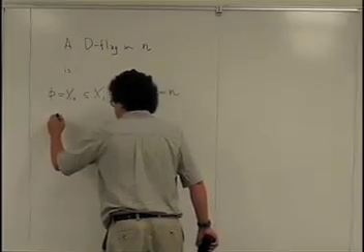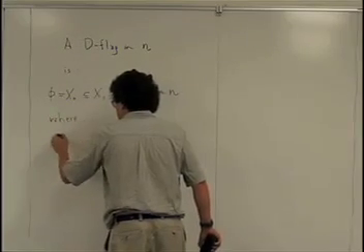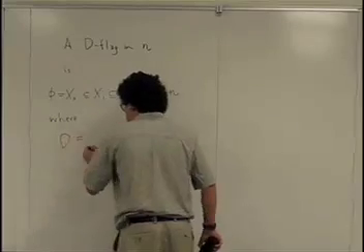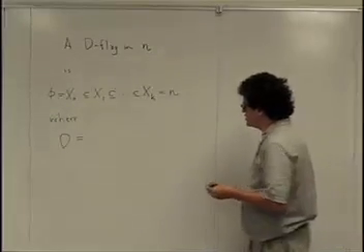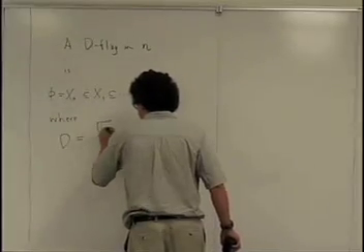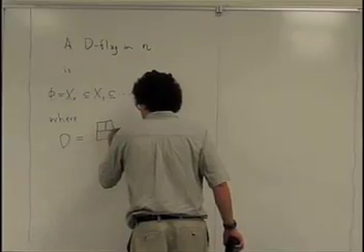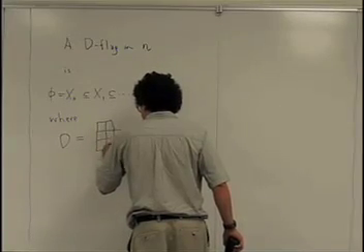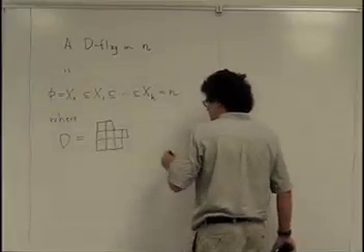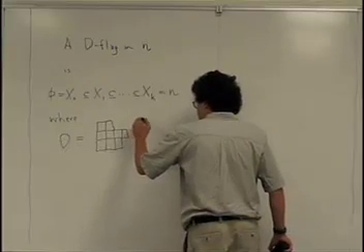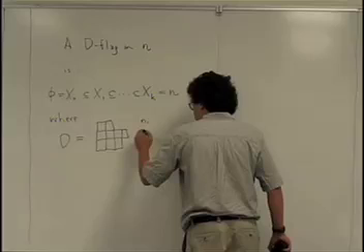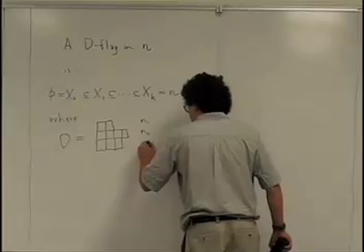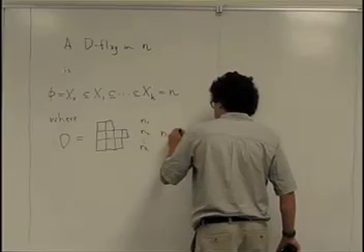What we're doing here is picking an uncombed Young diagram D, for example, like this. And what's that? Well, it's just a list of numbers that adds up to n.